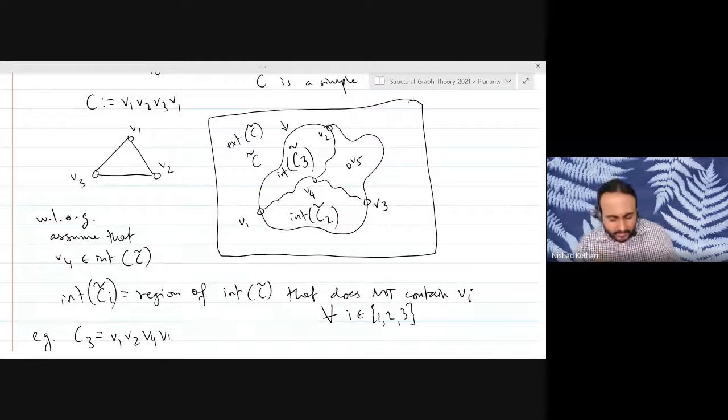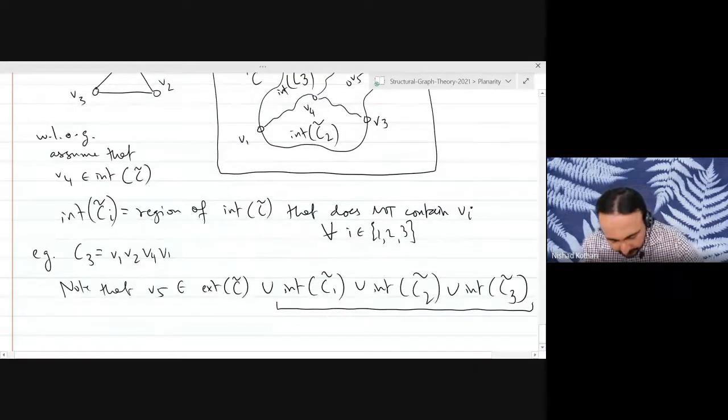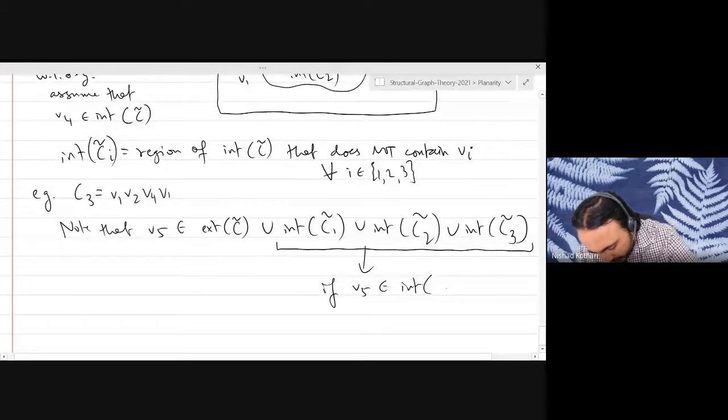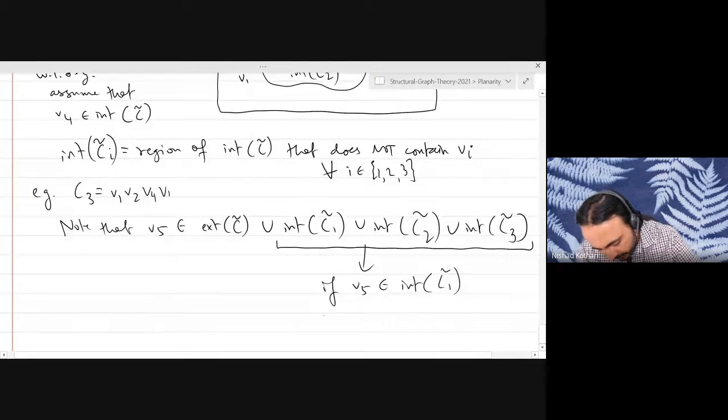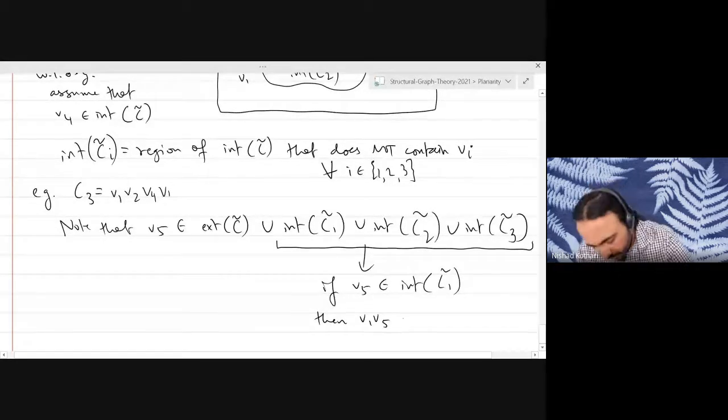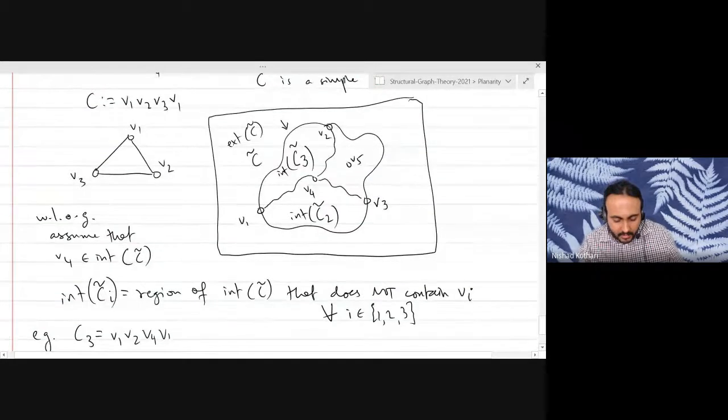Exactly. If V5 belongs to the interior of C1 tilde, then the edge V1, V5 crosses the boundary of C1 tilde, the cycle formed by V2, V3 and V4.